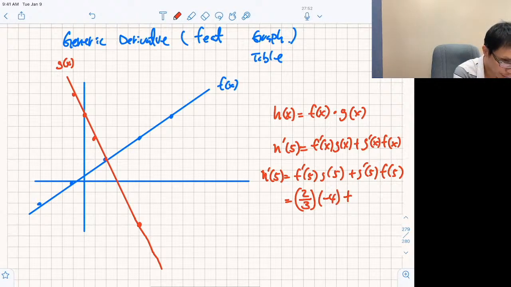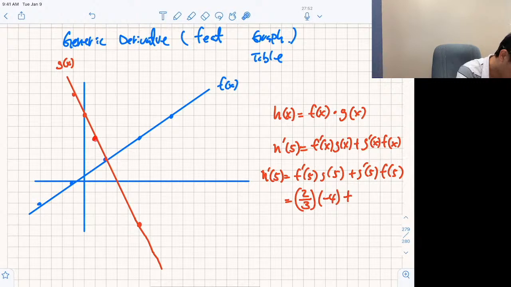Trevor, can you tell me what g prime of 5 is? Is it 6 over 5? No. 6 over 3? No. Is it 3 over negative 6? Negative 1/3? No. Negative 2? What is it? Negative 2? Negative 2 is good.